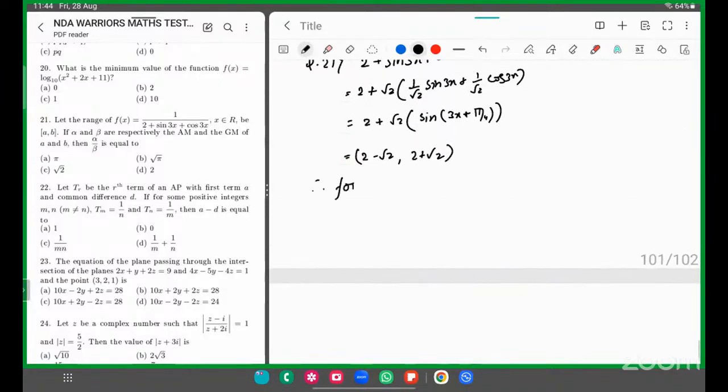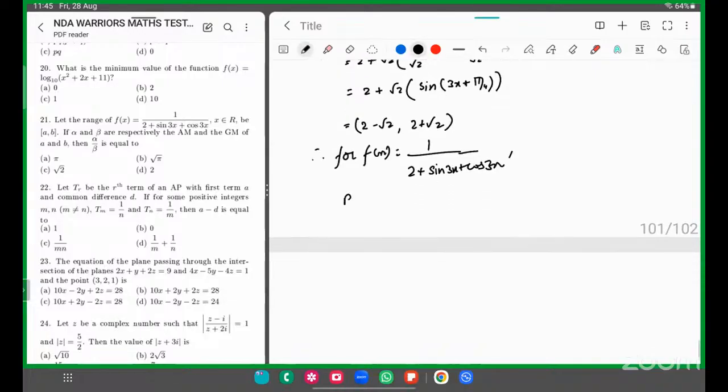Therefore, for f of x equal to 1 upon 2 plus sin 3x plus cos 3x, the range will be 1 upon 2 plus root 2 to 1 upon 2 minus root 2. Those brackets should be there. These are the values for the range.